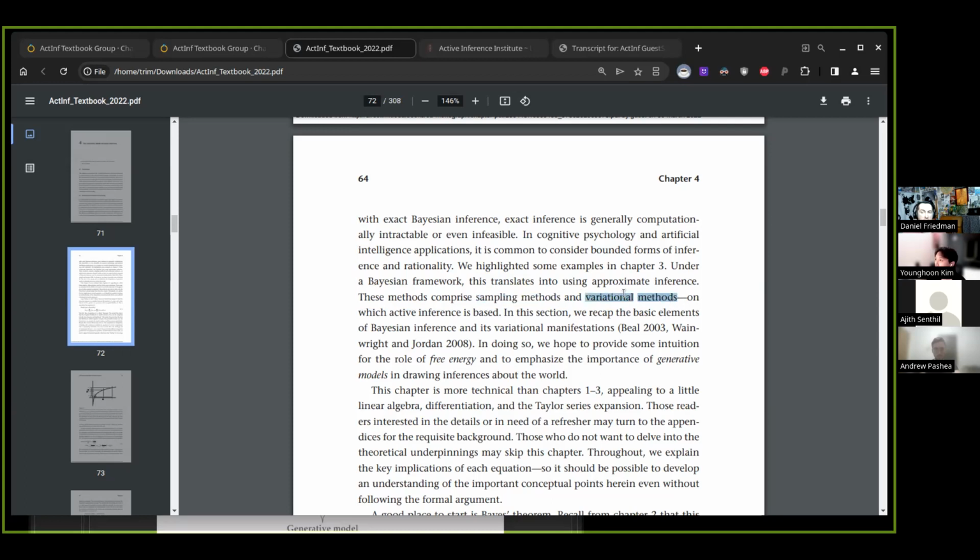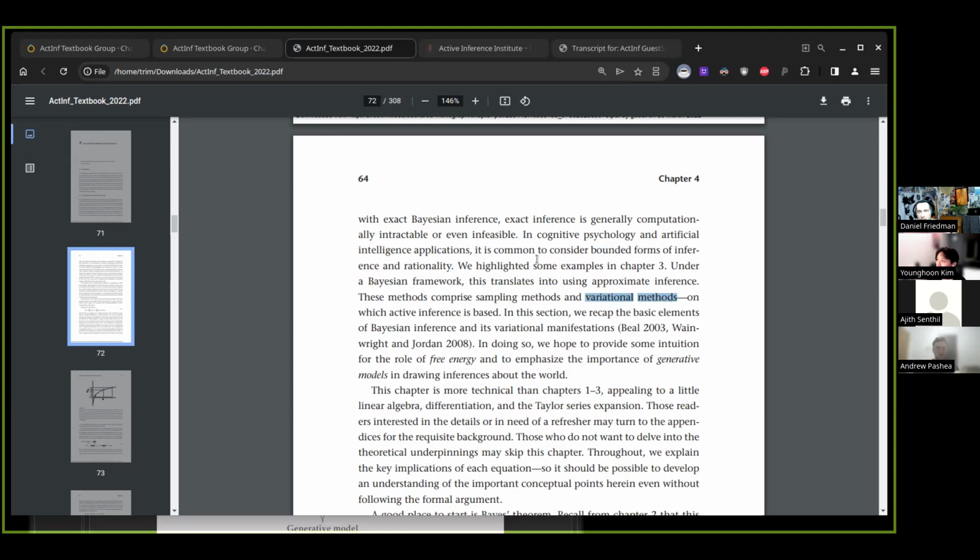In contrast, variational methods are an information theory driven approach that is going to use all the tools that we'll come to know and love, like the KL divergence and the variational free energy. So that's why we're taking this path at all, because exact Bayes would be epic, but it's intractable.